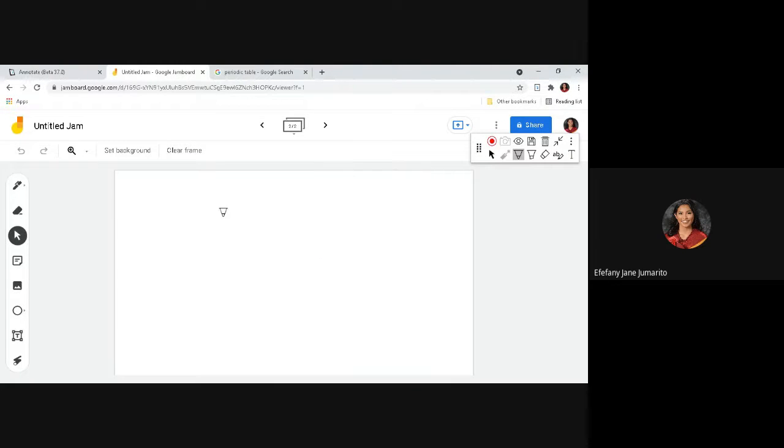Okay, if I have this one, class, how would you name this one?